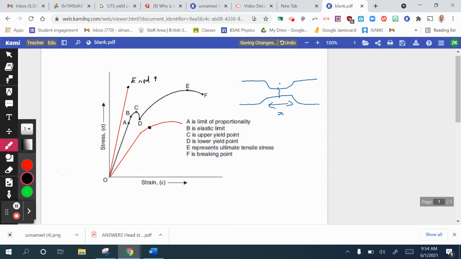Not much stress is required, but you get large values of strain when we increase the stress by a small amount. Okay, so that's your yield point for that particular material.